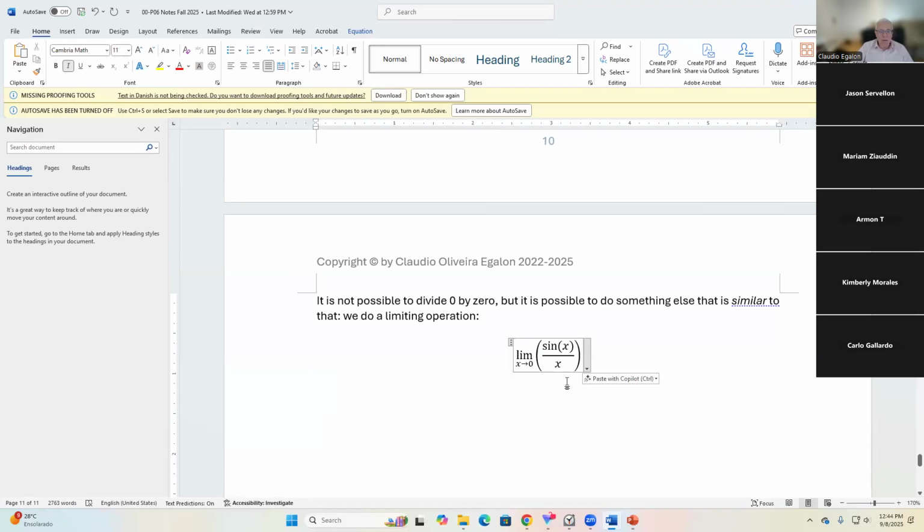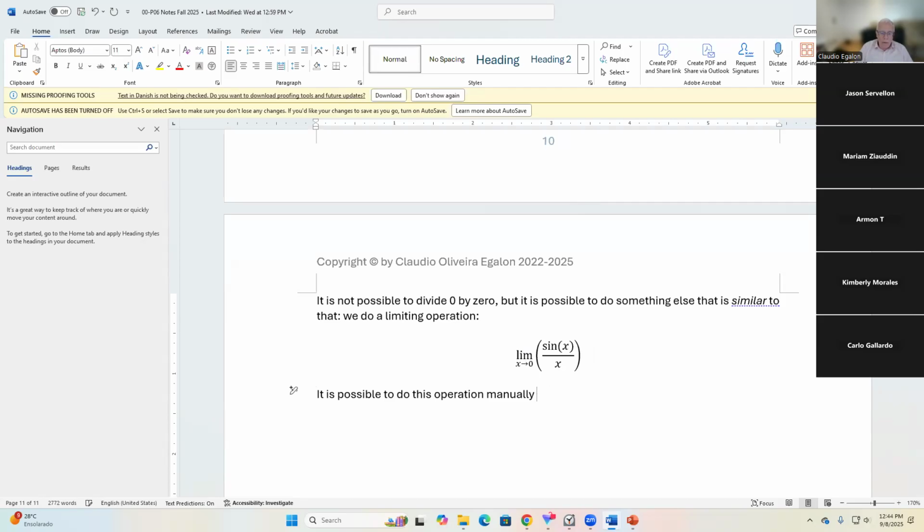We have 6 more minutes to go. I think we can do what I want to do. And it is possible to do that. It is possible to do this operation manually.